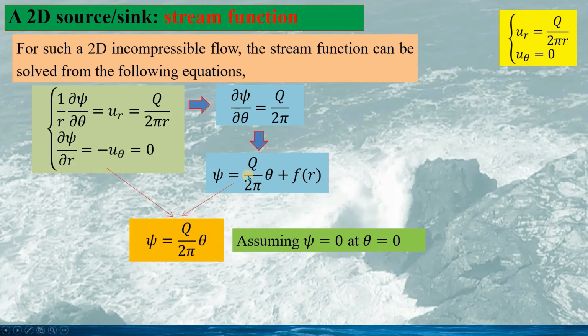Applying this equation for the psi function here, we can see f(r) would be 0 or a constant. So if we assume psi equals 0 when theta is 0, then we have the stream function psi given as this.